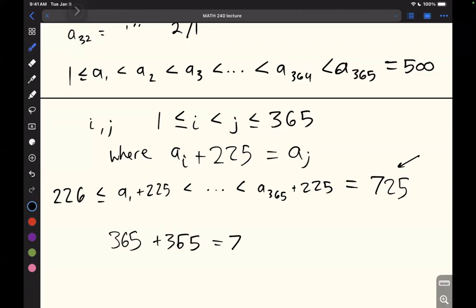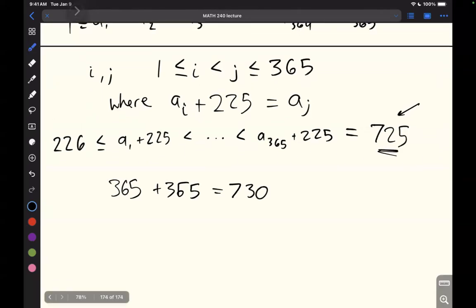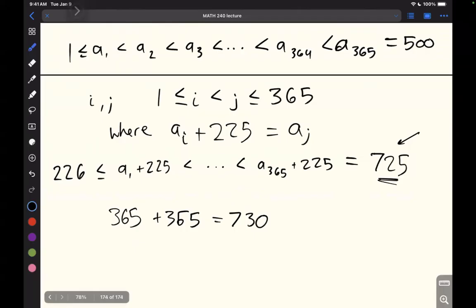This number is 730. When we compare the number of things in these inequalities versus the number that we're trying to look at, we know that each one of the numbers in any of these, either A_i or A_i plus 225, is bounded.